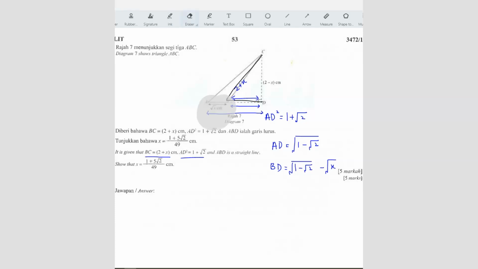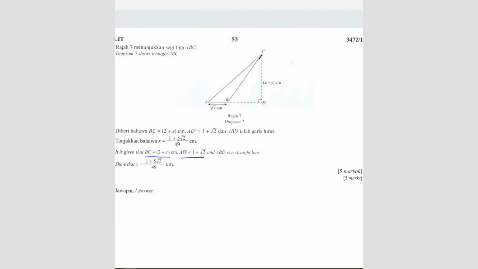So what I would do is, instead of using AD, okay, wait, let me rewrite here, 2 plus x, and then AD is 1 plus square root 2.